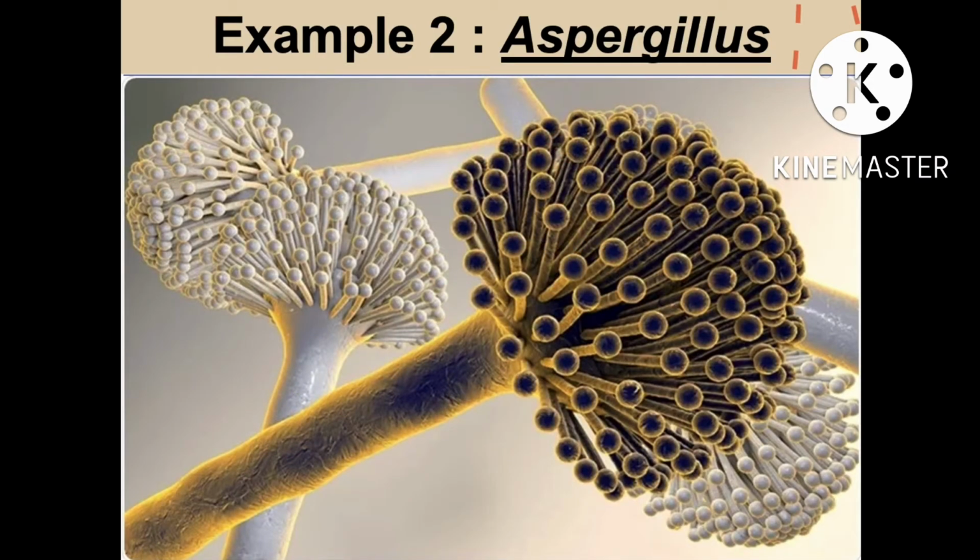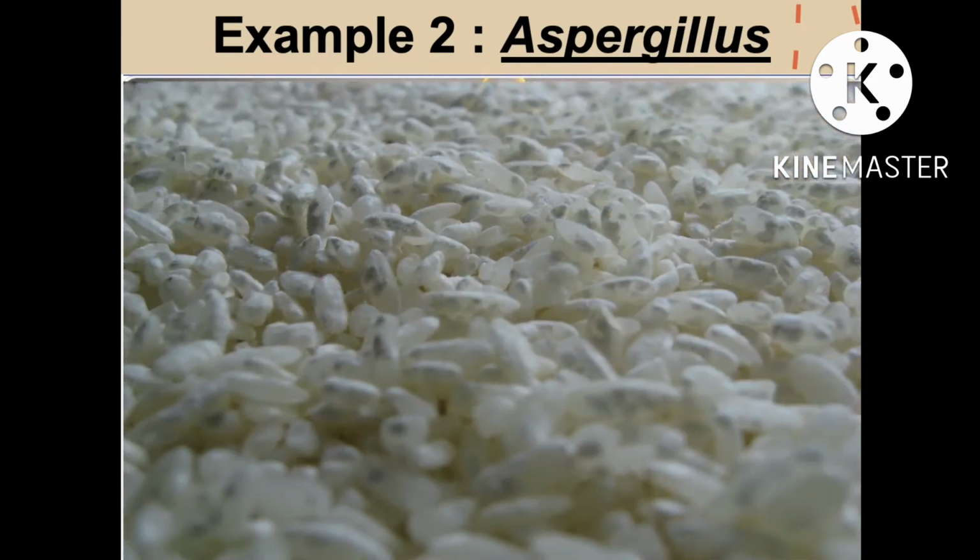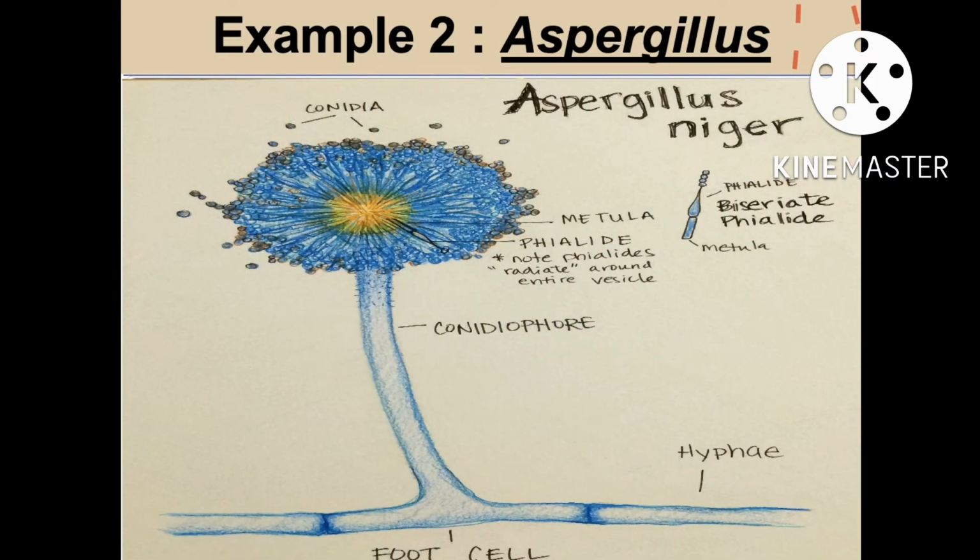The genus is microbially important as a few species of this genus are used in fermentation industries. For example, Aspergillus oryzae is used in the preparation of an alcoholic beverage, sake, in Japan. Aspergillus niger is used in citric acid and gluconic acid fermentation.